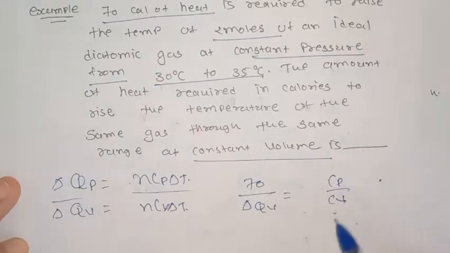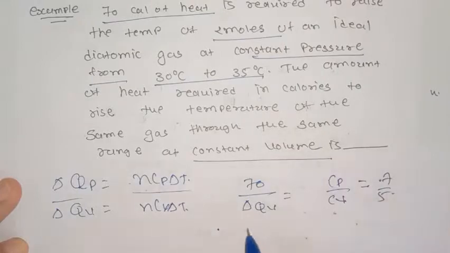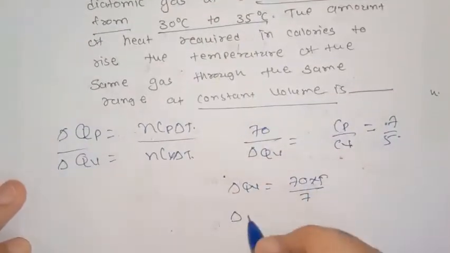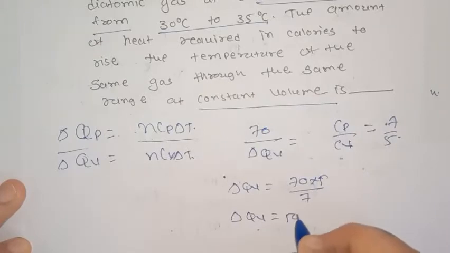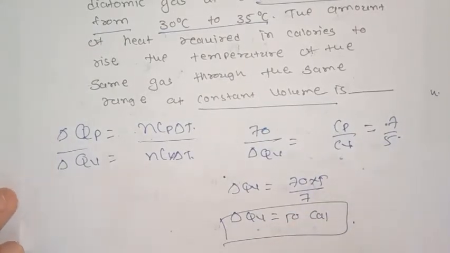It is a diatomic gas, so Cp by Cv will be equal to 7 by 5. So delta QV will be equal to 70 into 5 divided by 7. So delta QV will be equal to 50 calories. So this will be our final answer.